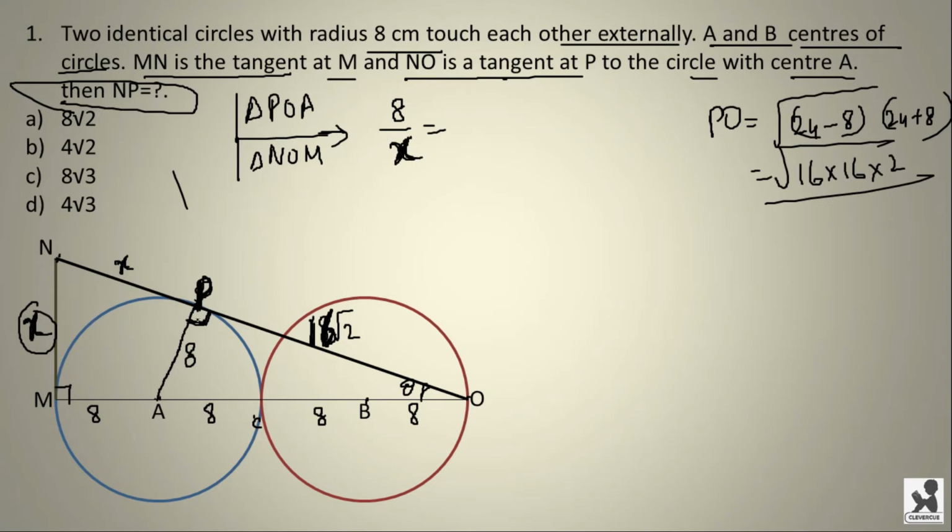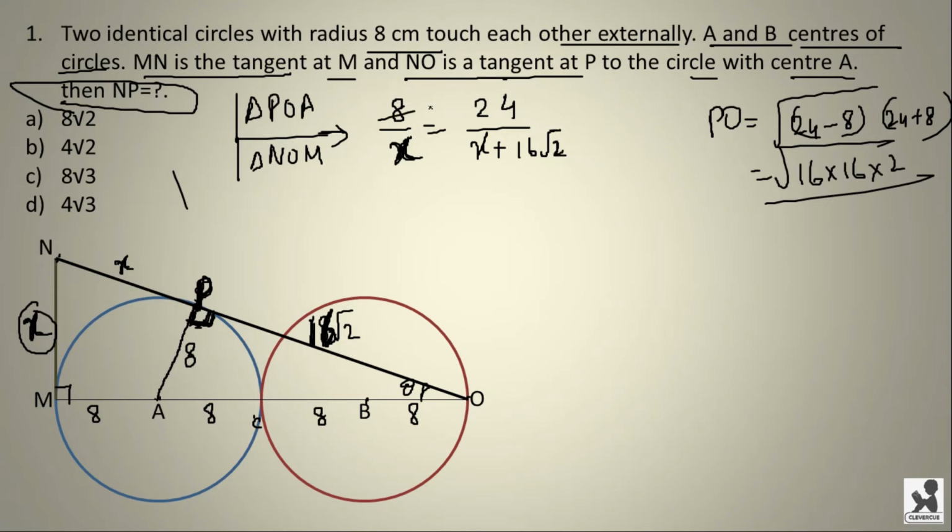Let us consider the right angle now. The opposite side of this angle is 24, and in this triangle MON it is x plus 16 root 2. That is ON.